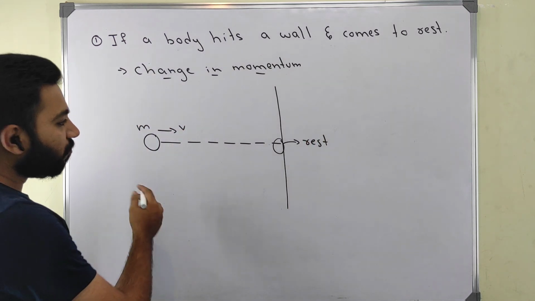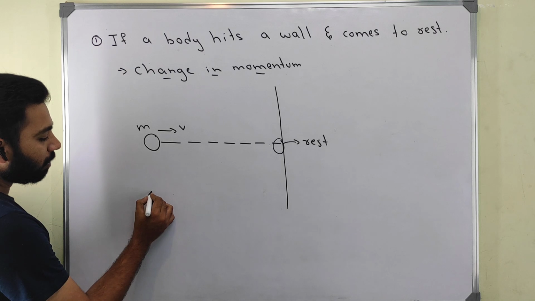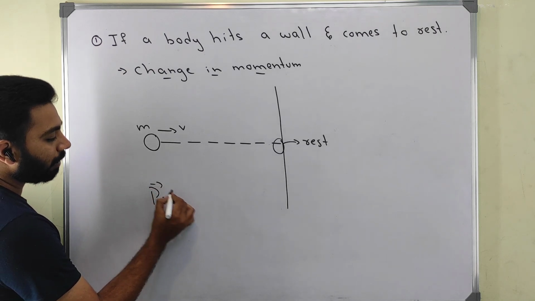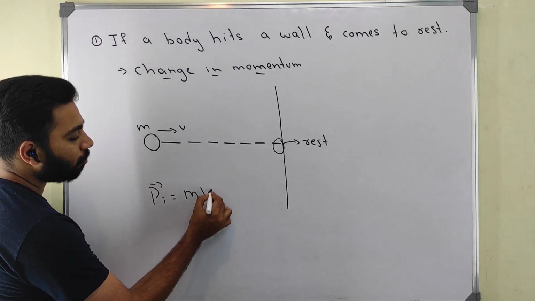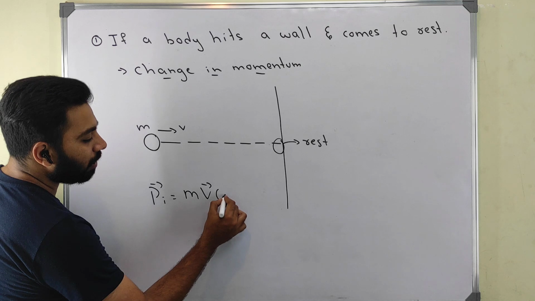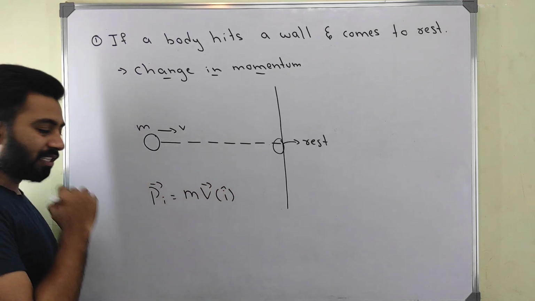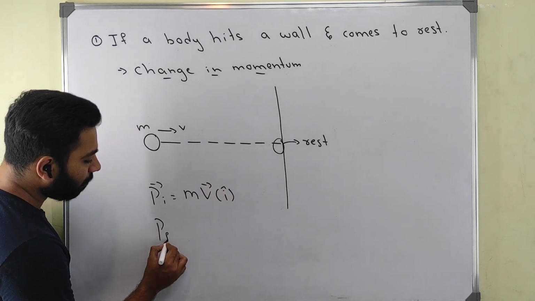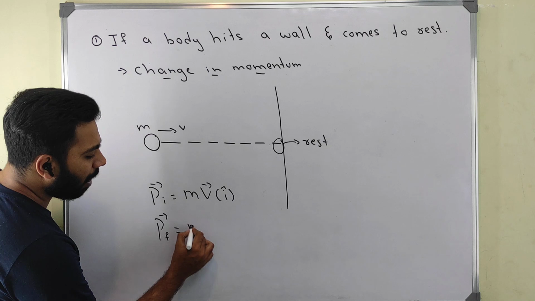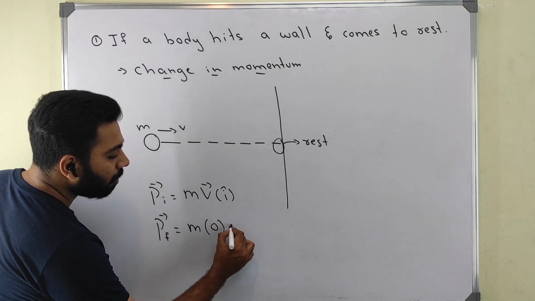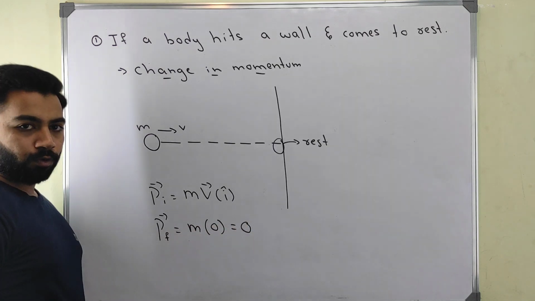I know one thing: if you focus here, my initial momentum is equal to mass into velocity. Velocity is in i cap. Now what is my final momentum? Final momentum is mass into velocity, which is 0. So final momentum is 0.